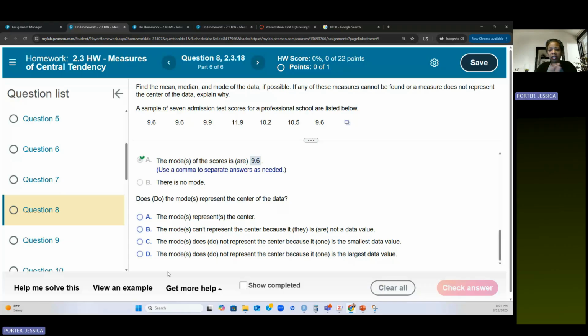Which one is it? A, B, C, or D? We said it doesn't represent the center, but what does it? This is the smallest.